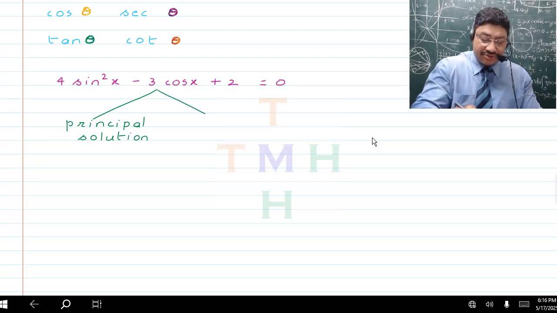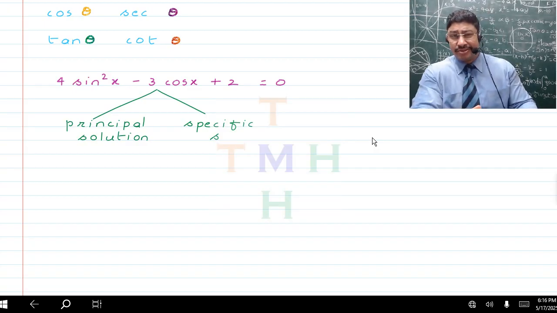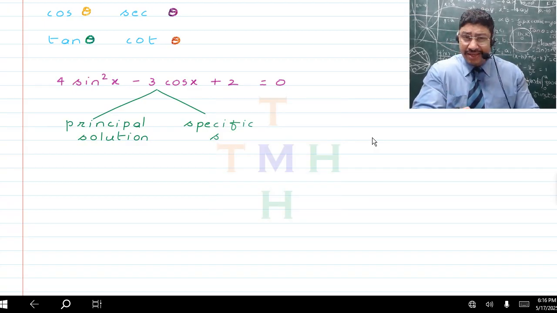Now the second solution that you can be expecting will be a specific solution. Now when you talk about a specific solution, it is actually a solution which exists between a range of values which has already been provided to you in the question, that find the values of theta within this range. Then obviously for that specific question, that will then become the answer, right?